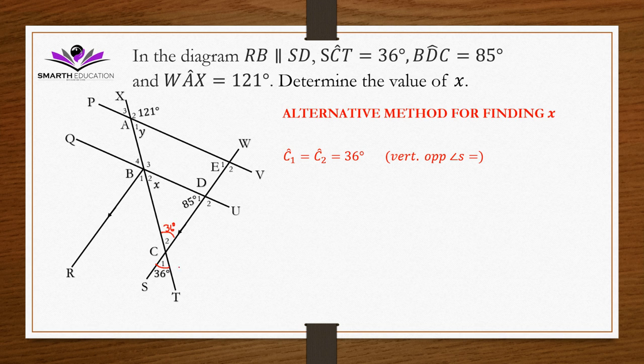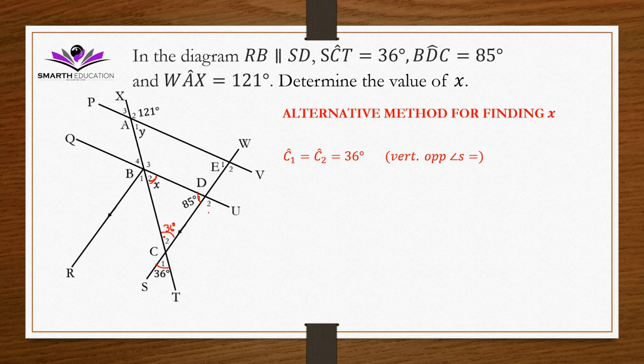And then if you check triangle BCD, this angle and this angle and this angle must add up to 180 degrees.